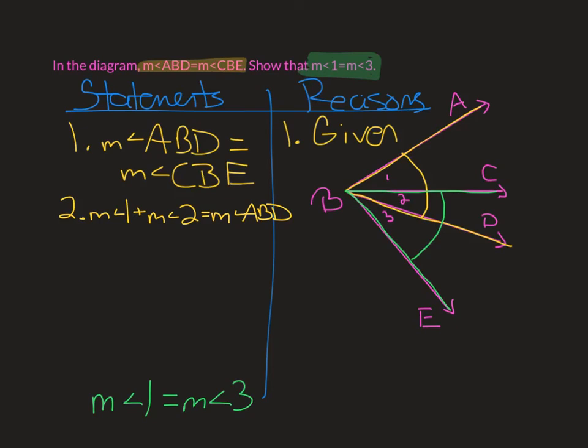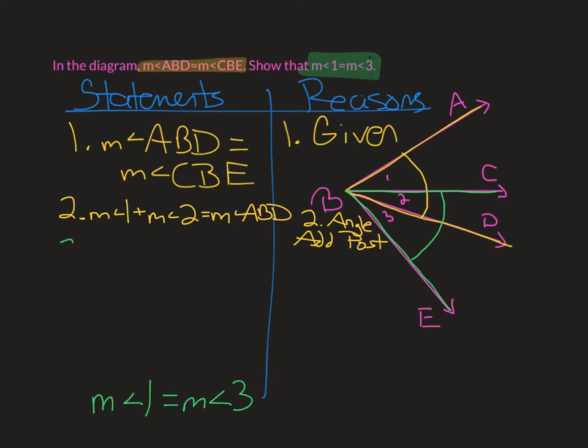We have a postulate that says if you add the two smaller angles, in this case angle 1 and 2, it's going to give you the larger angle, in this case ABD. So my reason here is the angle addition postulate. We learned that earlier in the year, but all those postulates and definitions we've already learned are fair game in these geometric proofs.